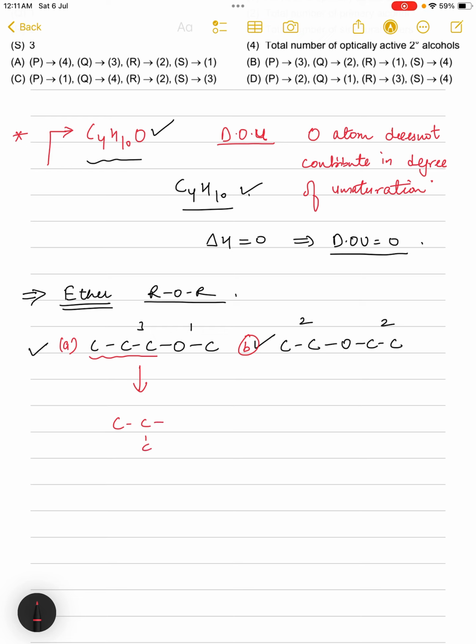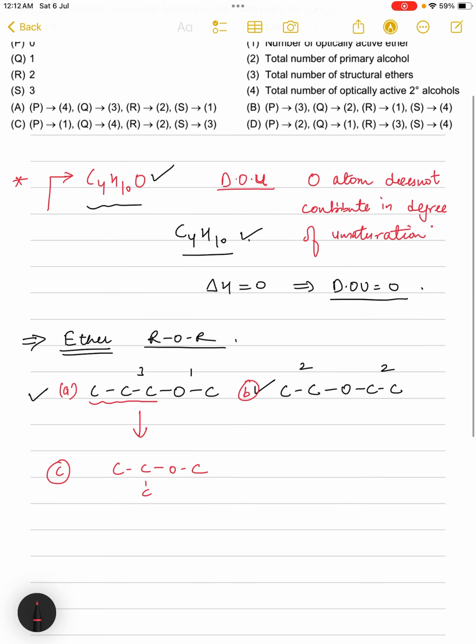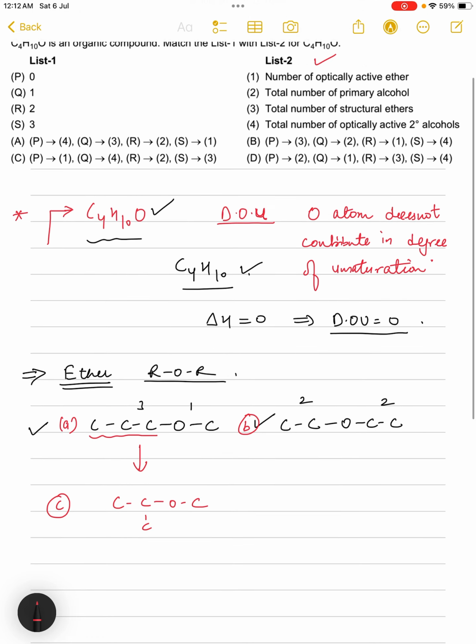If we do this, it is also an ether, and it is a chain isomer of the ether, right? So we have a total of 3 ethers possible in this molecule. So the total number of structural ethers is three.